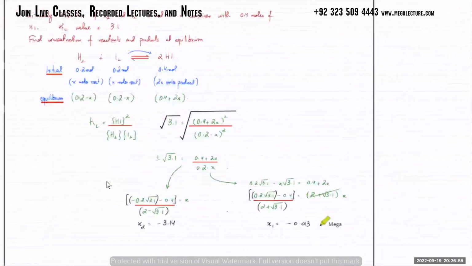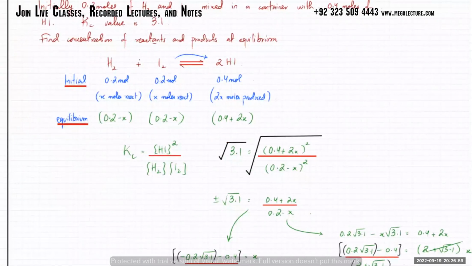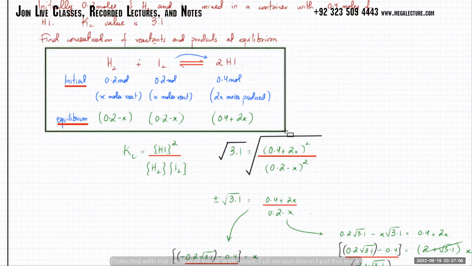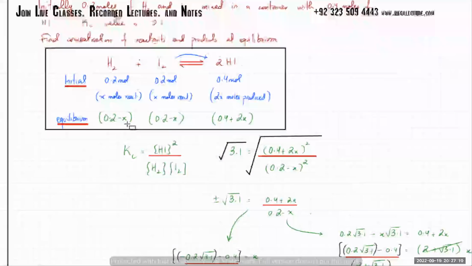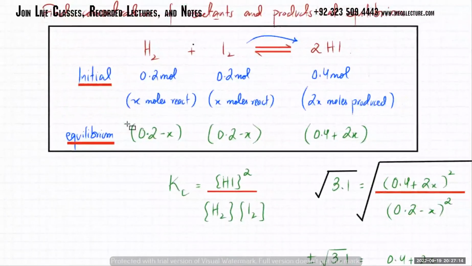Because of the table that you drew earlier, you're going to substitute these values of x in this table. So you're going to get two different sets of values for your equilibrium moles. Obviously, moles can never be negative. Like when you're counting things, it can never be negative. If you've got a basket full of apples, you don't have minus 2 apples. Minus 2 can be a difference, but you don't actually have minus 2.